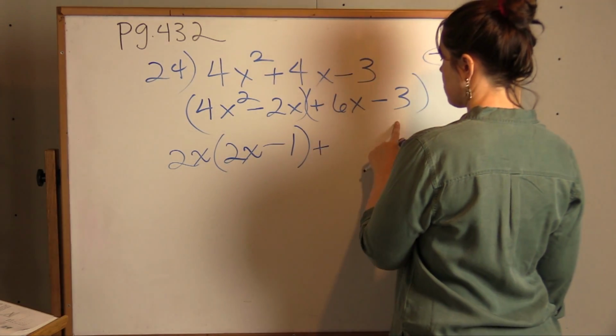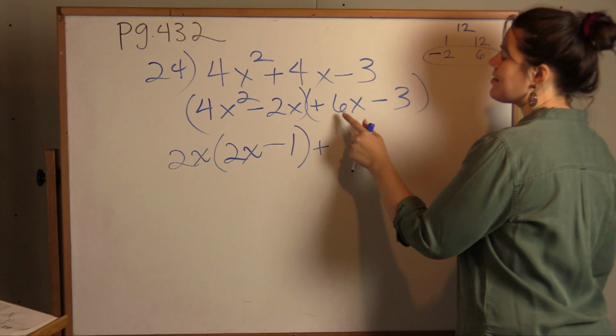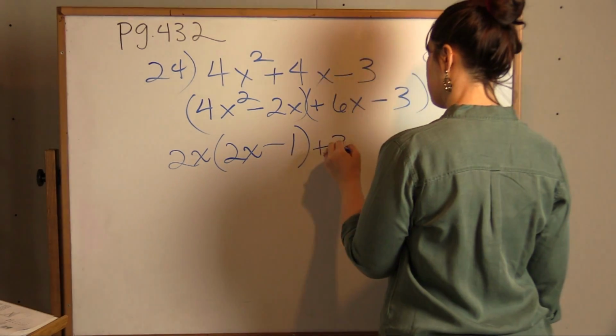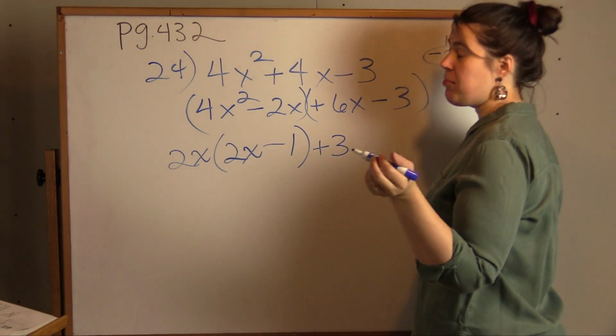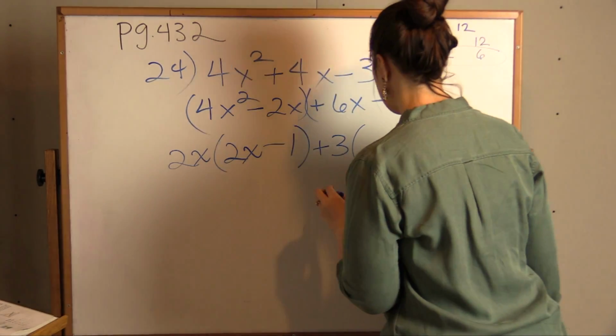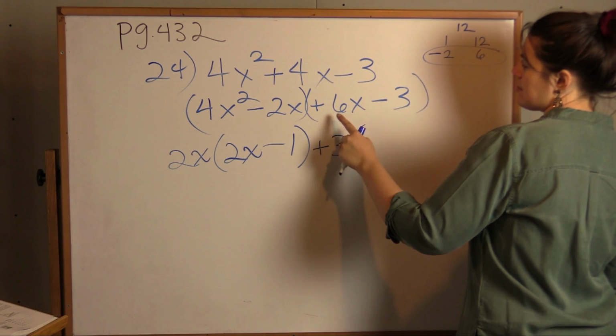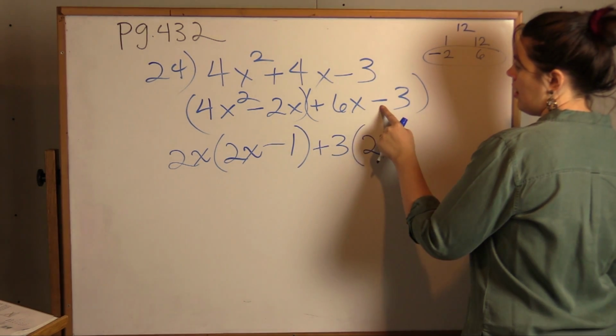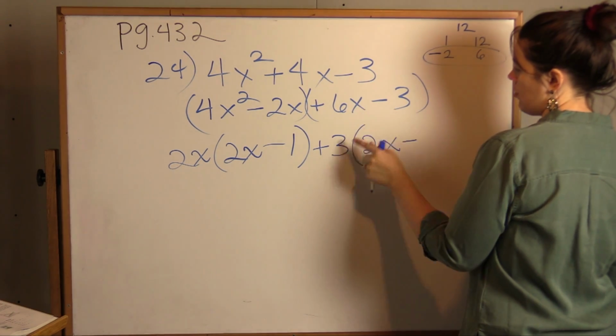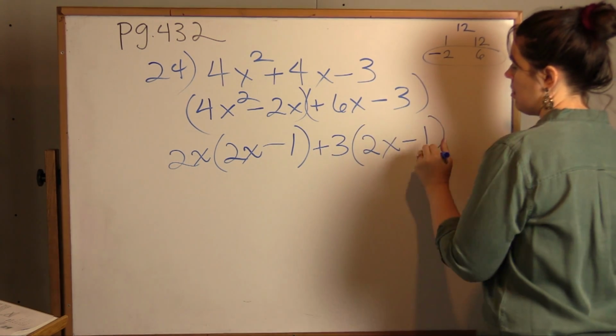Now, looking between these two, 6 and 3, they both have the factor of 3, and that's the only same factor that they share. So what's left behind? 6 divided by 3 is 2, the x remains. The minus sign stays, and 3 divided by 3 is 1.